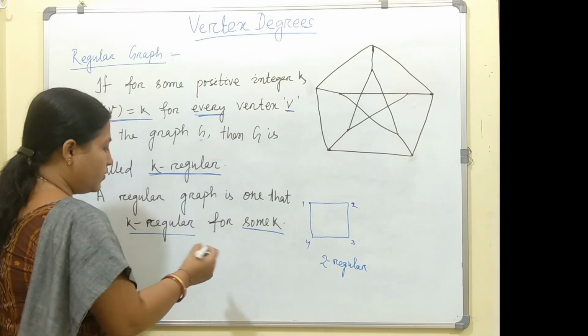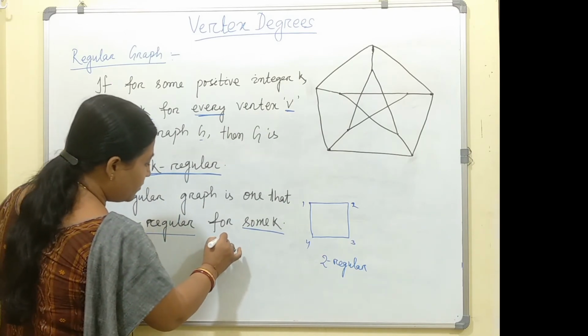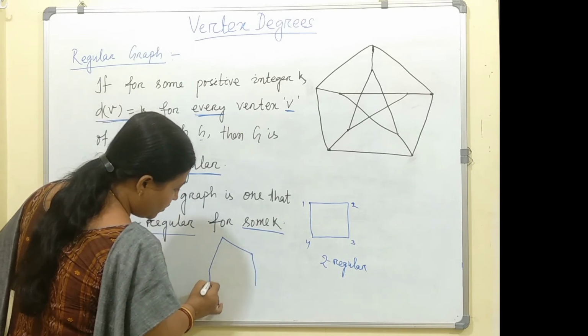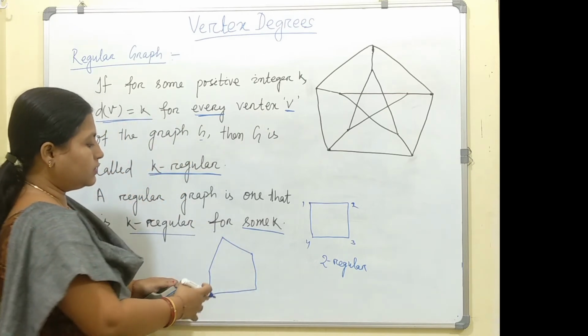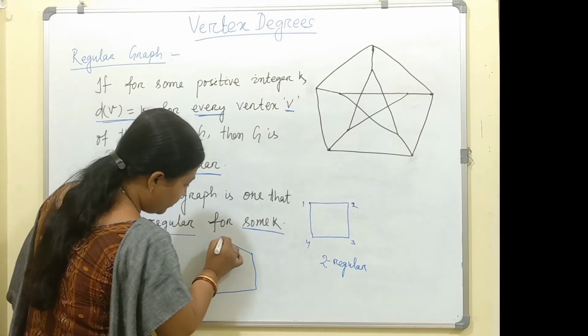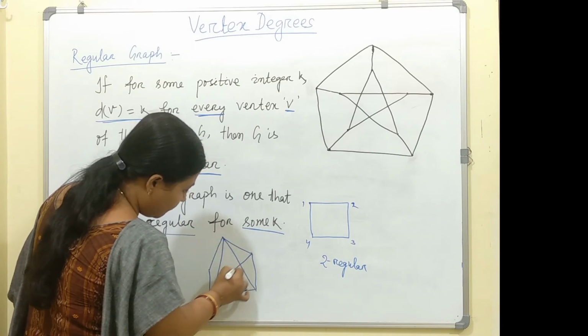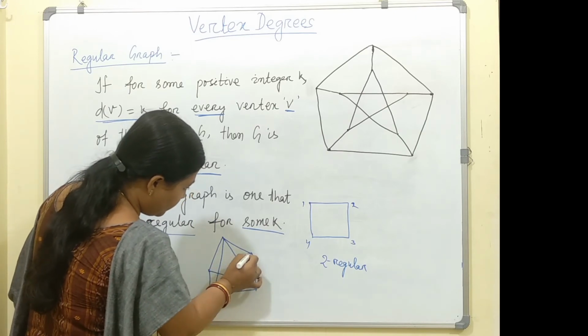Now take the complete graph on 5 vertices. This is the K5 complete graph.